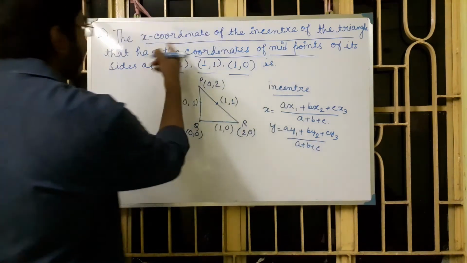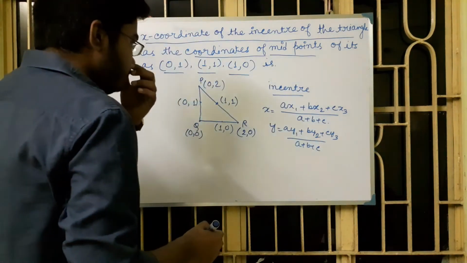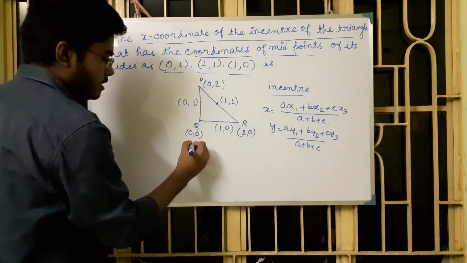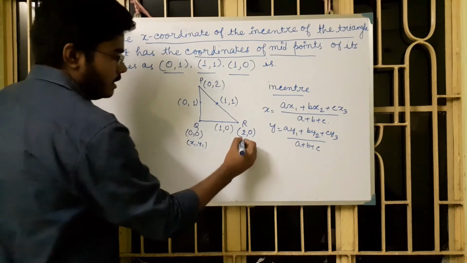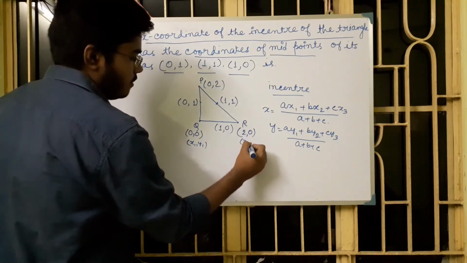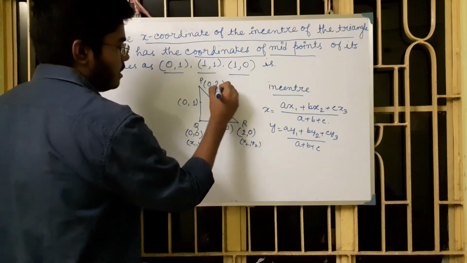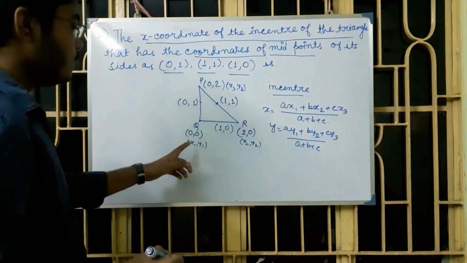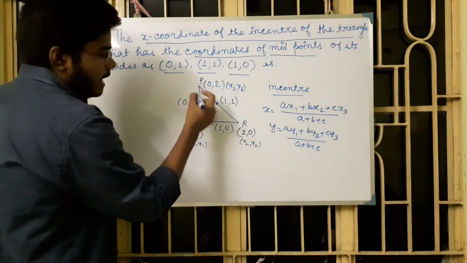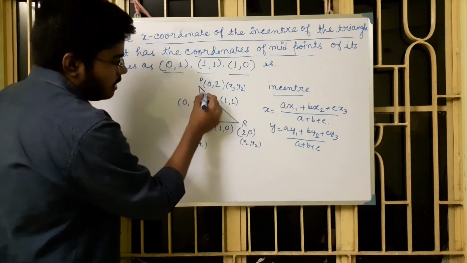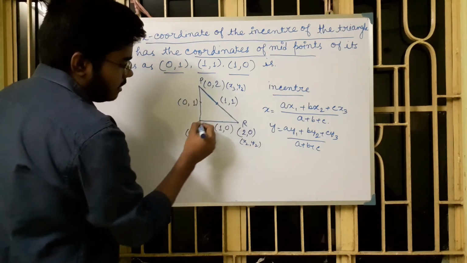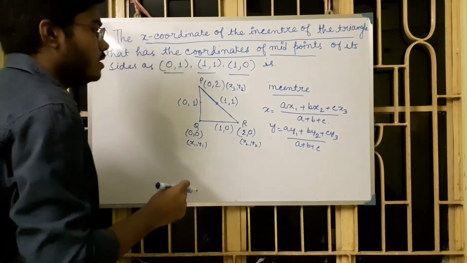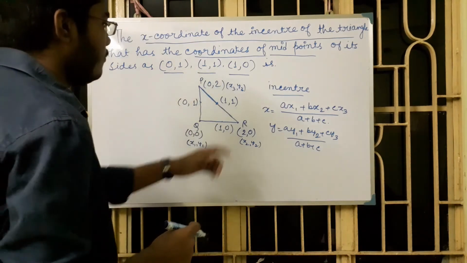We have to find the x coordinate. So let's say this is x1 y1, this is x2 y2, and this is x3 y3. So what will be a? a will be the length of the line opposite to the point x1 y1.